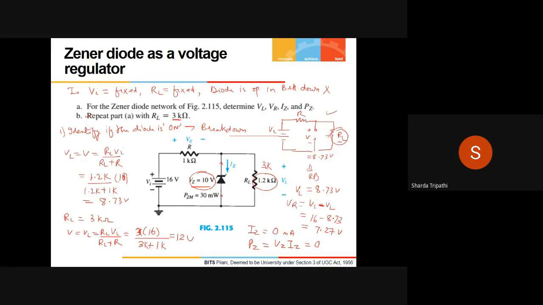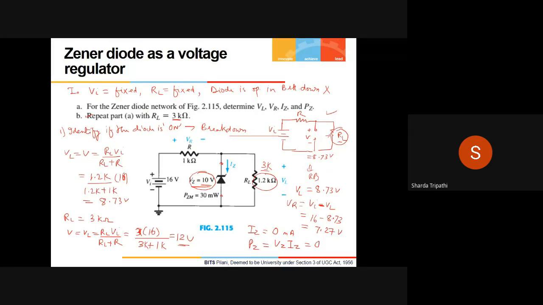So when I replace the load resistance with the value of 3 kilo ohms, the voltage which appears across these open circuit terminals is how much? It's 12 volts. But I know that in order to keep this diode in the breakdown region, I need the voltage at least equal to 10 volts.